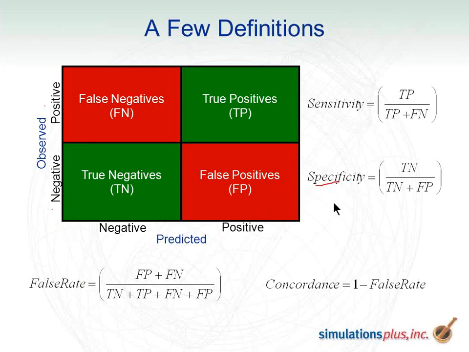But your specificity, a measure of the true negatives over all the negatives, will be 1, whereas your sensitivity will be 0 in that case, because you'll have all the positives incorrect but all the negatives correct. So that would be an imbalance. So we seek a balance in the sensitivity and the specificity, particularly when you're dealing with imbalanced data sets.